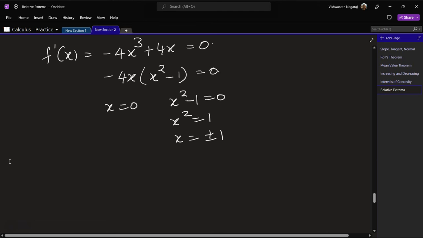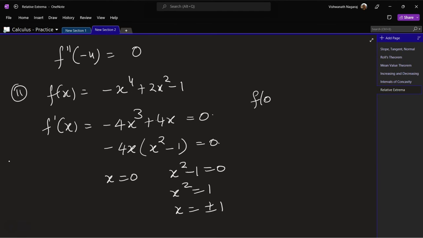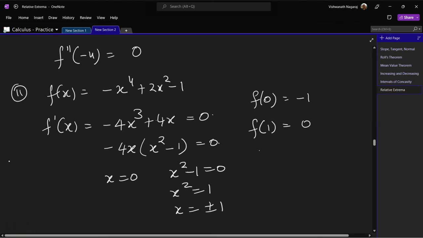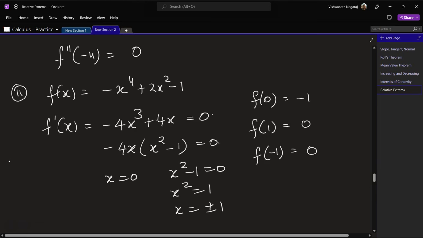So we have 3 points of interest. So let's figure out f of 0 is going to be minus 1. f of 1 is going to be minus 1 plus 2 minus 1, which is 0. And f of minus 1, again x to the power of 4, x to the power of 2, they convert this minus 1 to plus. So again it will be 0.